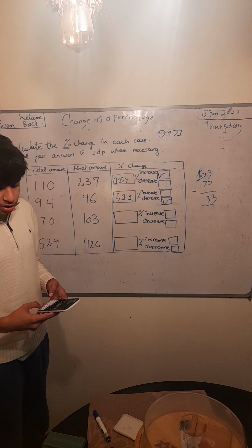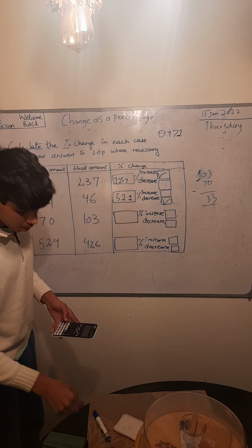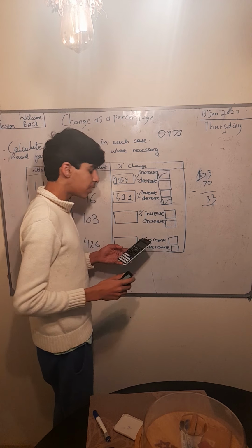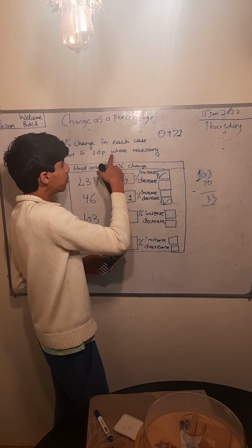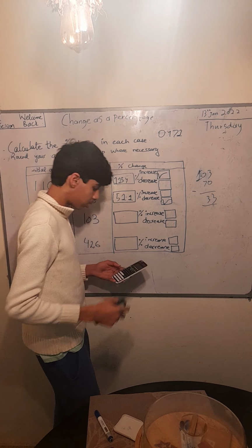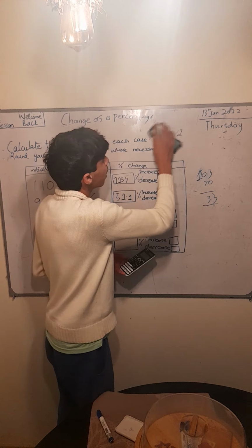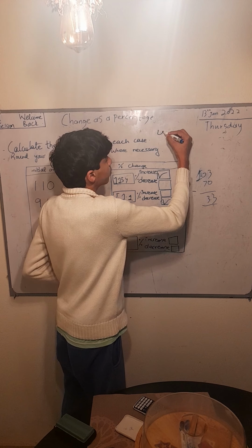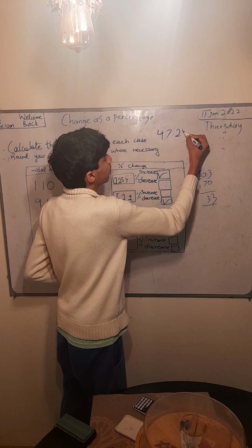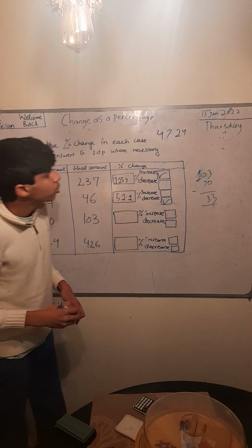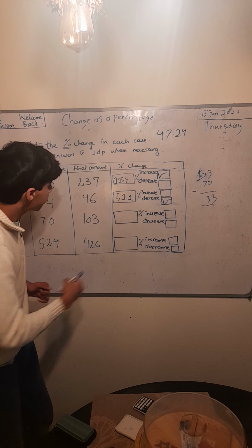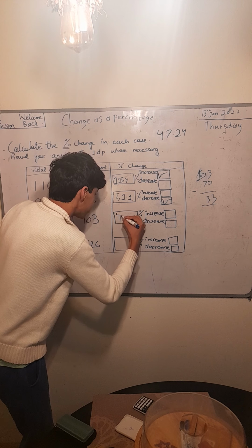So we get 47.14. Now the last step is to see if it is rounding or not. 47.14. So as you can see it is not rounding, so our answer is 47.1. Simple, guys.